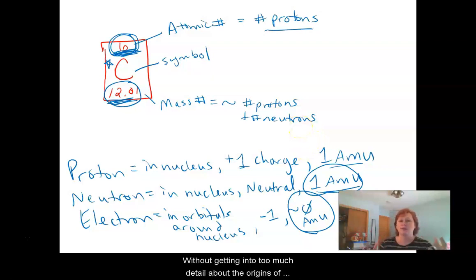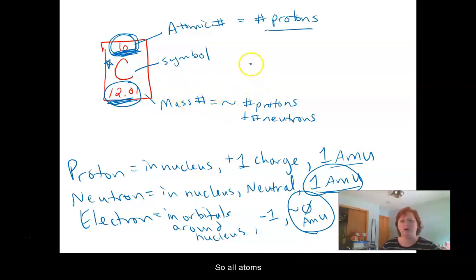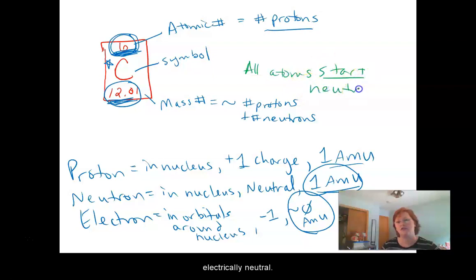Without getting into too much detail about the origins of atoms, Big Bang Theory and so on, just understand that all atoms start electrically neutral.